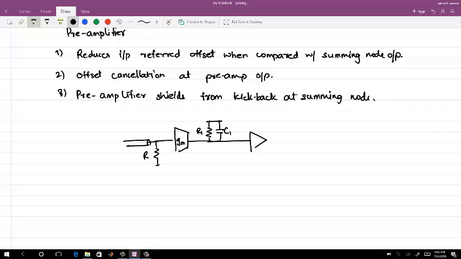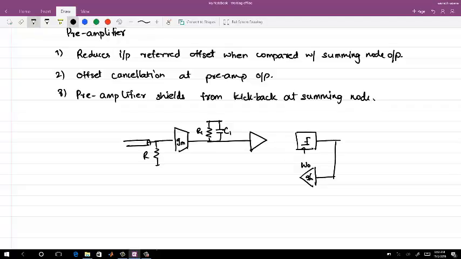Then you have a preamplifier and a comparator, and this one, let's say this is W naught, and if this is a GM cell, this can connect directly to this. That's a summing node. Here, let me just make it a summing node.